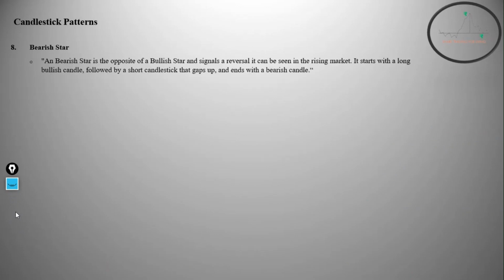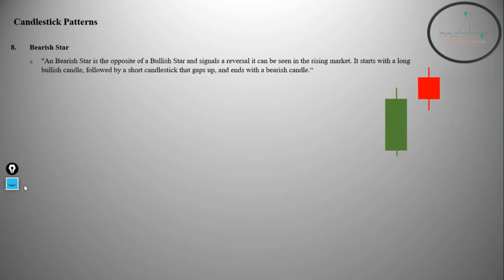The next pattern is bearish star. It is opposite to bullish star, which is where the candle was in the downtrend. Here, for bearish star, the pattern will come in the uptrend.